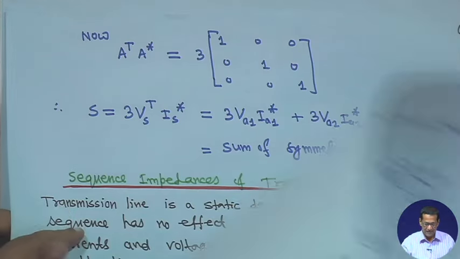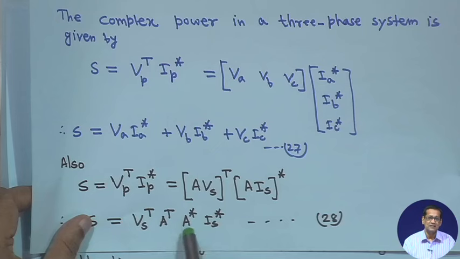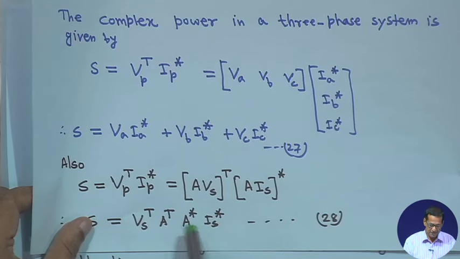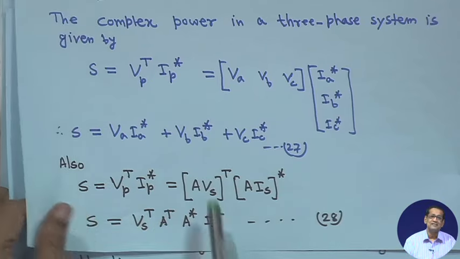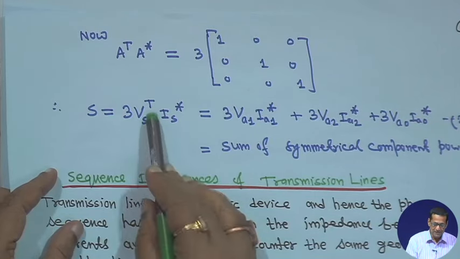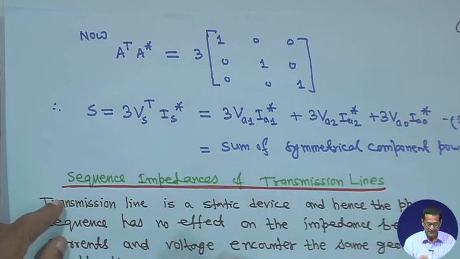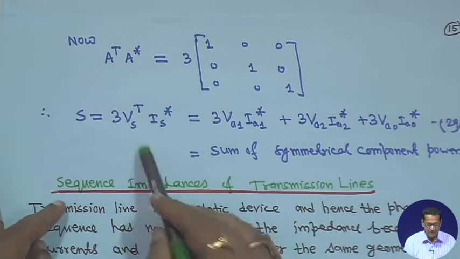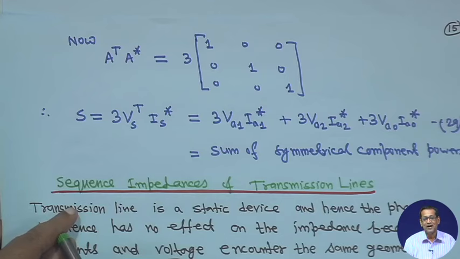That means A transpose A conjugate is an identity matrix multiplied by 3 of course. That means it will become 3 Vs transpose Is conjugate. That is why we are writing that it is 3 Vs transpose Is conjugate. So, directly we are multiplying, not writing this, that Vs transpose is VA1, VA2, VA0 and Is transpose is IA1, IA2, IA0.